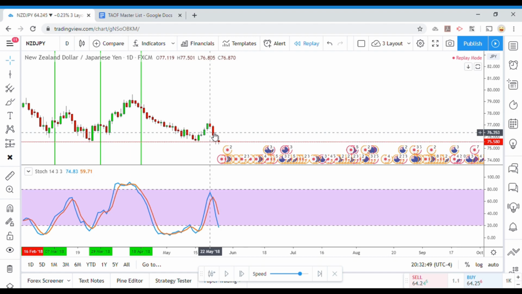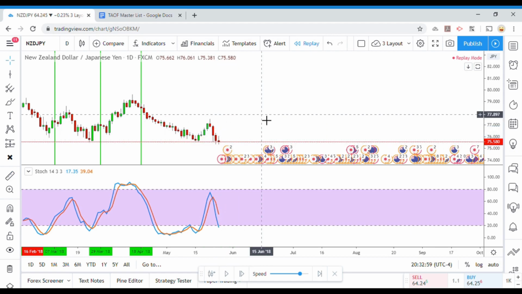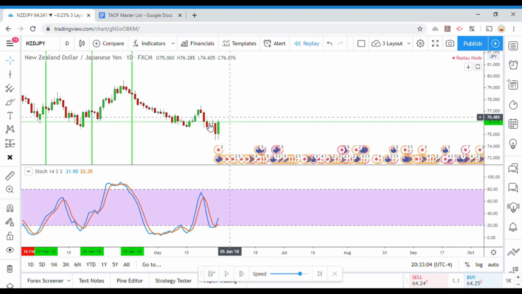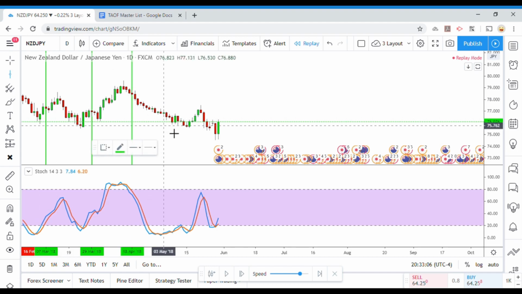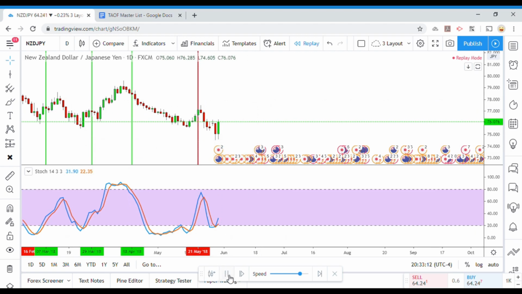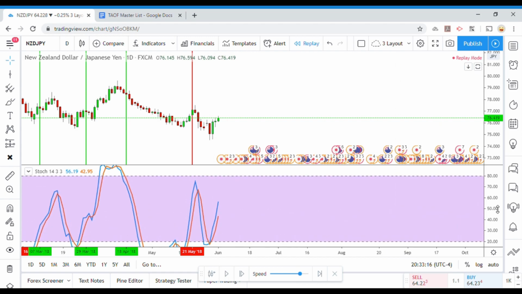So 77.60 was the target we were looking for 90. And unfortunately, we did not get that. But I don't think it's stopped us out yet. It has not. It is darn close. Yep, took us out on that one though. So that is a loss there.